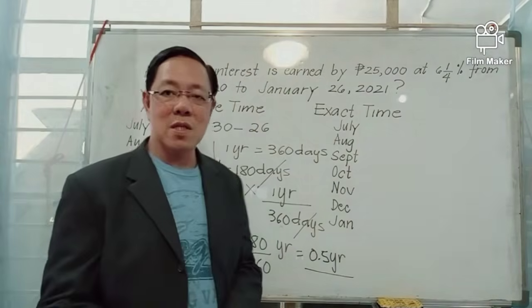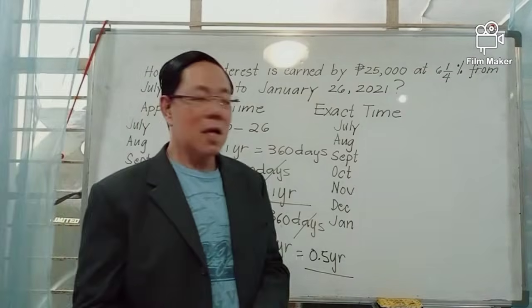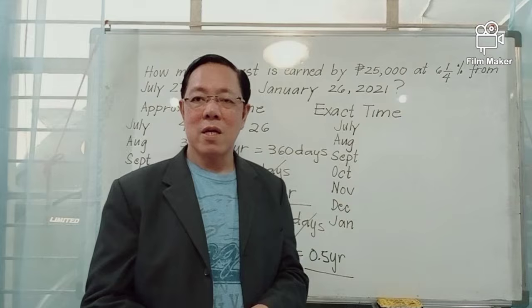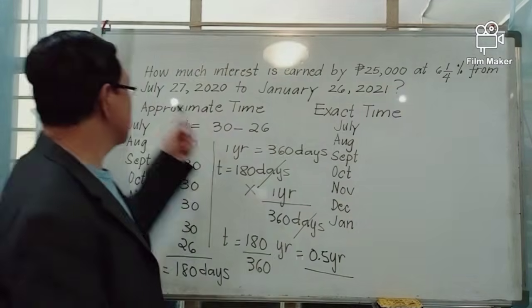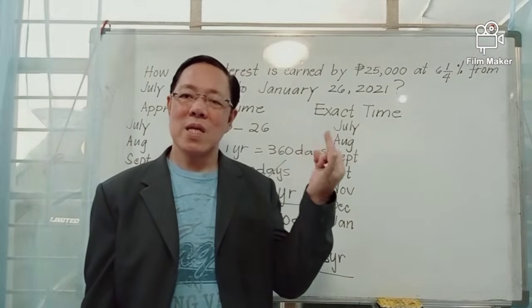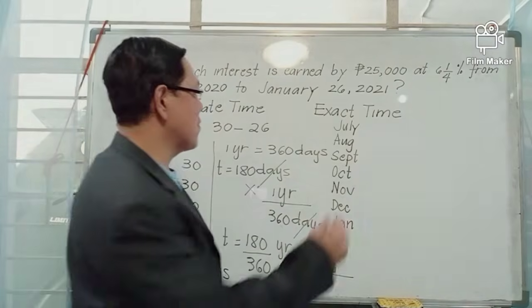And we start counting the number of days from July 27. The exact number of days for July is 31. So we start counting from July 27 to July 31. We have 27, 28, 29, 30, 31. We have 5 days for July.